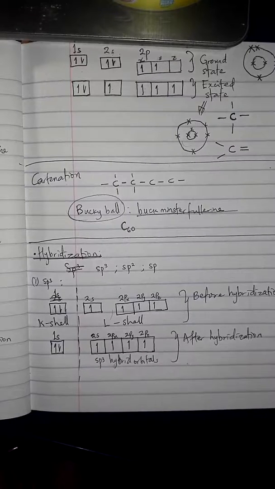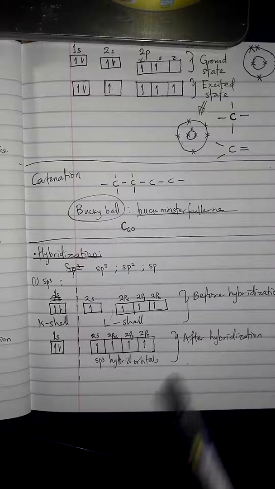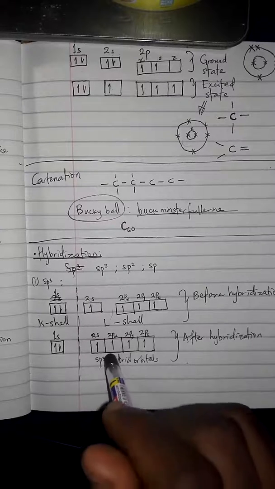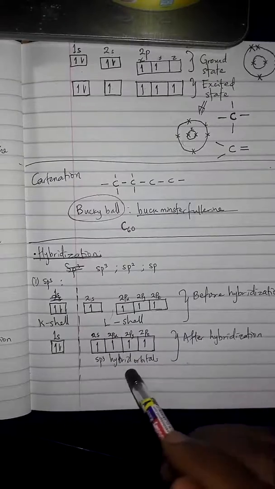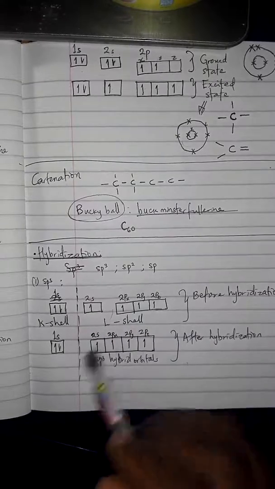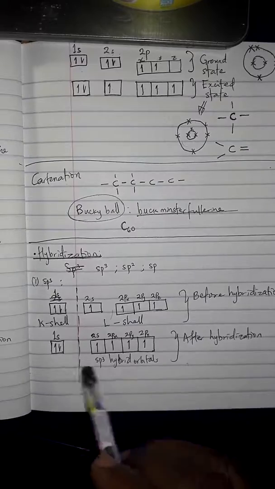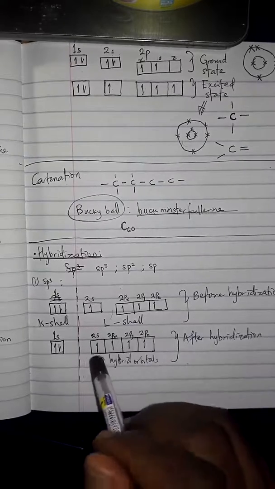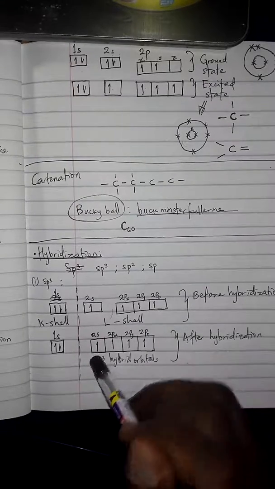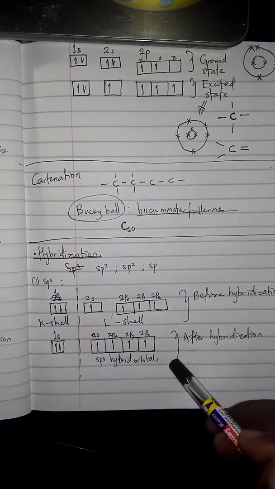So that is that about sp3 hybridization. What is the implication of all this? This leads to some properties for a compound where some carbon atoms are sp3 hybridized.